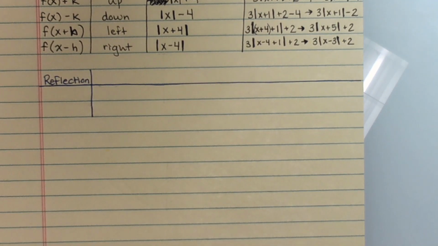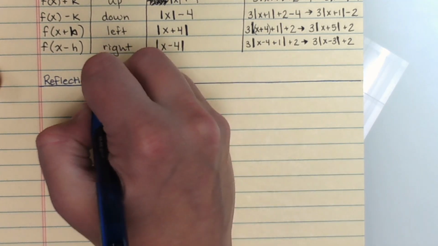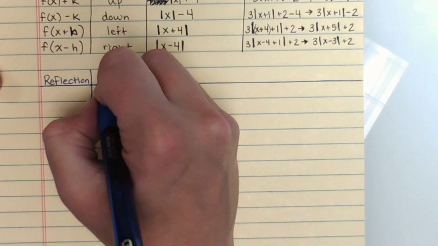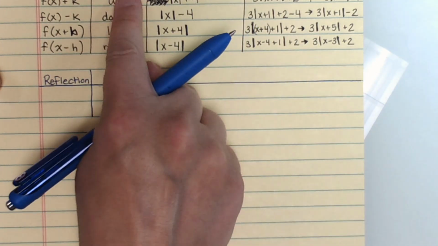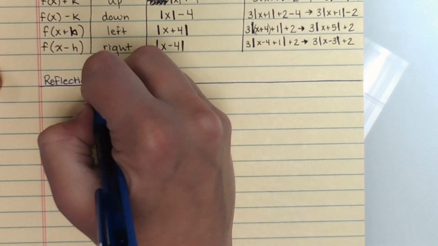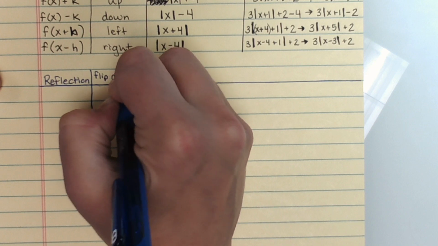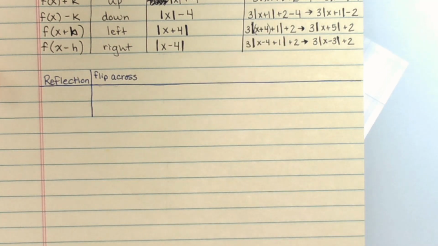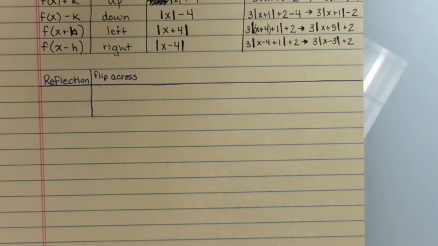We've also got reflections. Now, we've talked about our reflections too, and the reflections also aren't bad. When you reflect across a specific axis. So instead of movement, this one flips across.